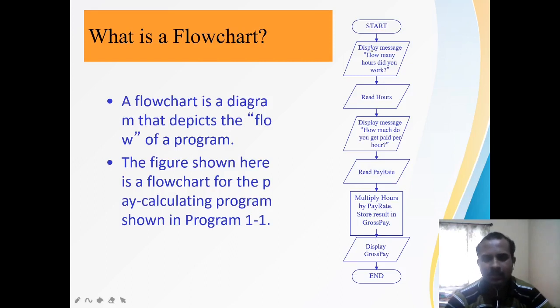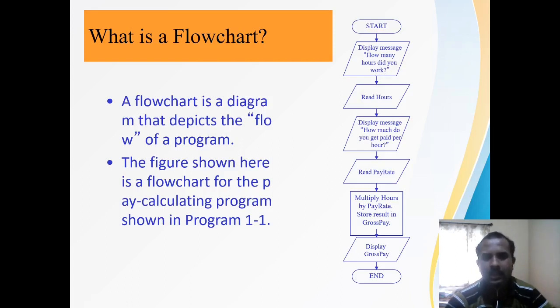Here the start and end are the terminals, or the ending points, of the flowchart. Then these parallelograms represent the input and output operations. You are displaying the message, that is an output operation.